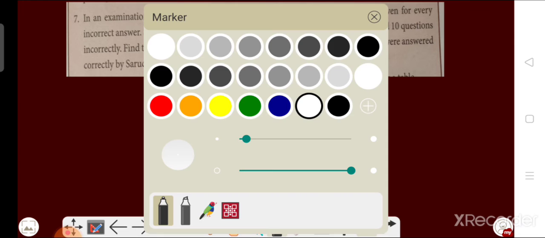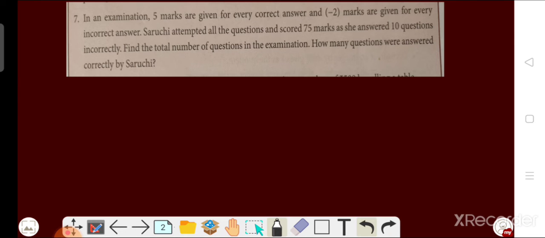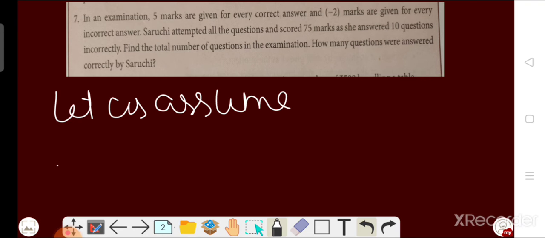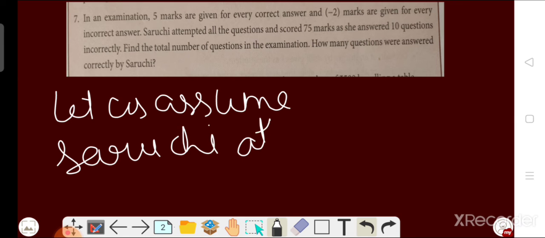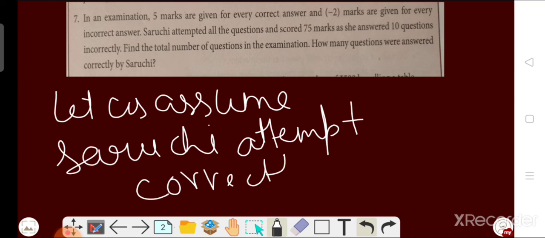Now let us assume beta, Suruchi attempted correctly x questions.